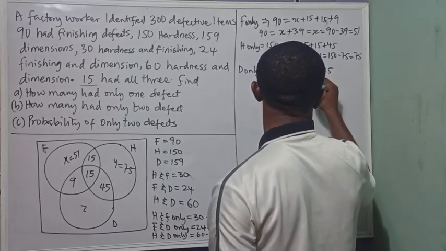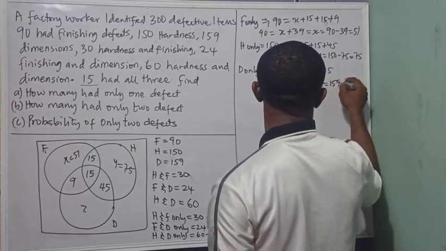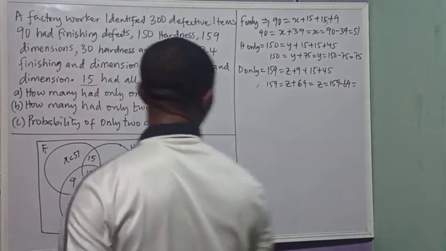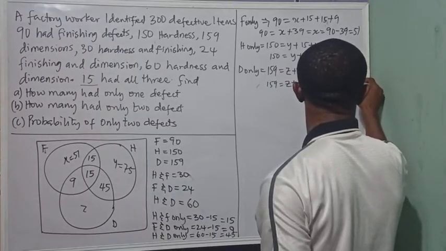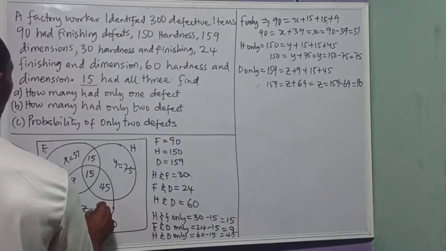So Z equals 159 minus 69, which gives us 90. Okay, so our Z here will be 90.